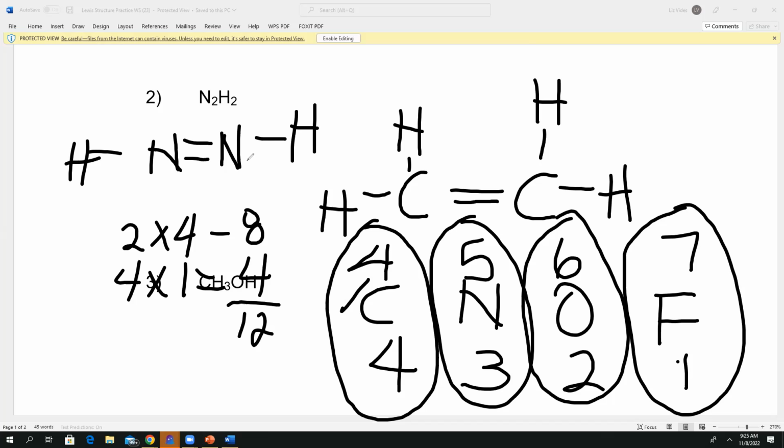See, there's the 3 bonds. Nitrogen likes to make 3 bonds. And of course, you have that lone pair to make its octet. So that was easy.